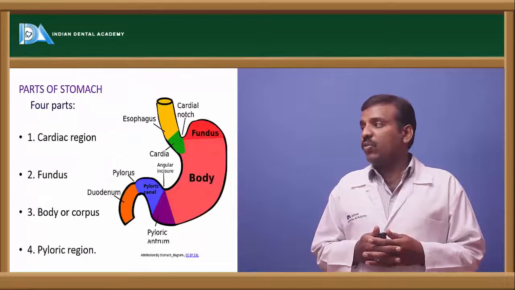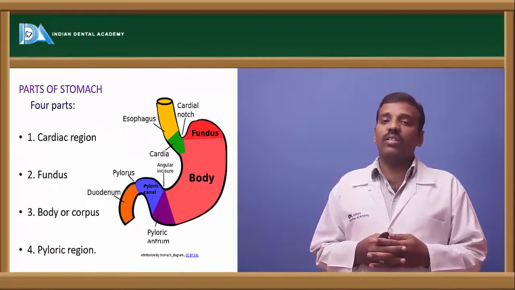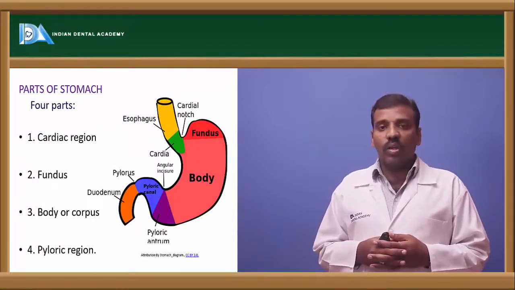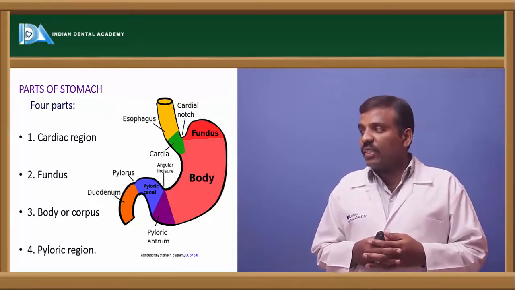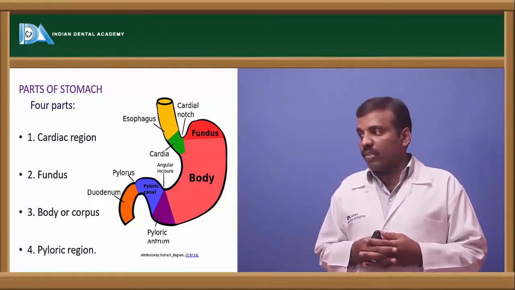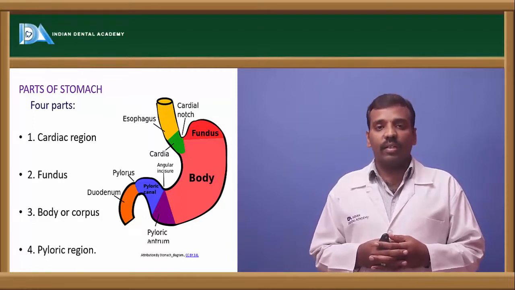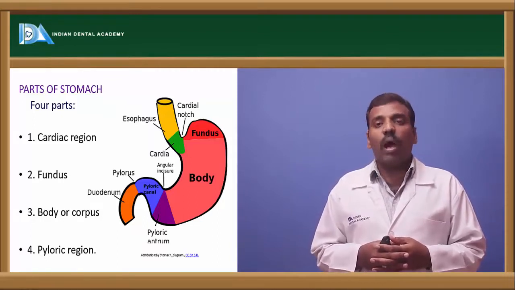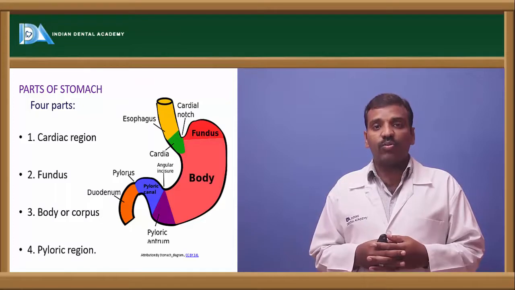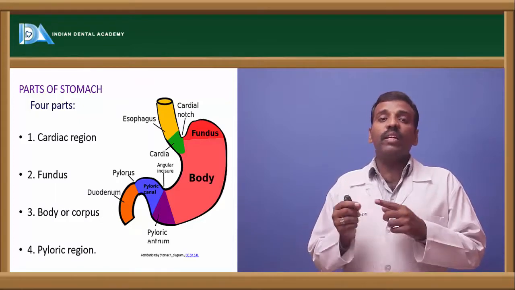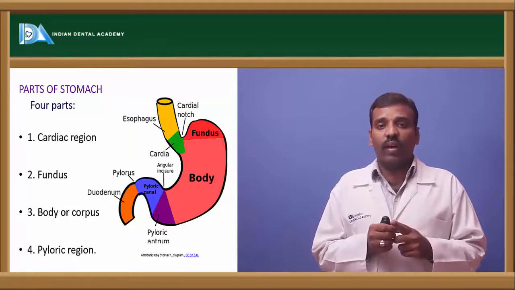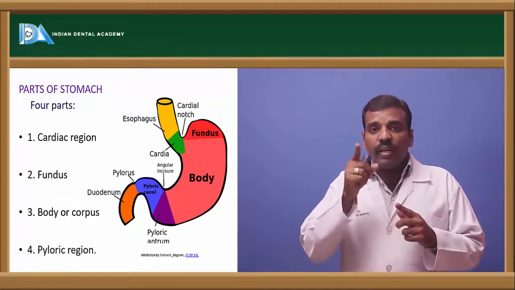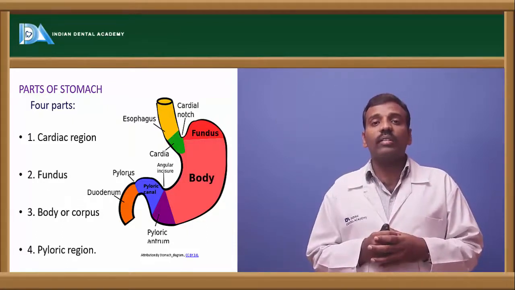Okay, and next, if you see the parts of the stomach, there is the cardiac region or cardiac notch, the fundus, the body or corpus, and the pyloric region. The uppermost part of the stomach is called the fundus, and between the fundus and the esophageal sphincter, the end of the esophagus, there is a wheel-shaped structure called the cardiac notch.